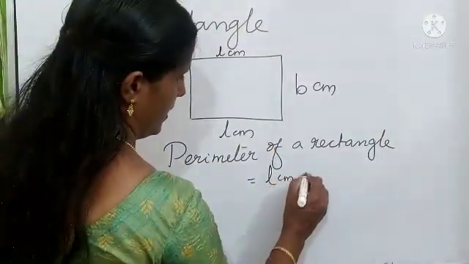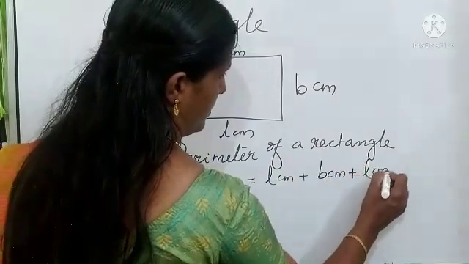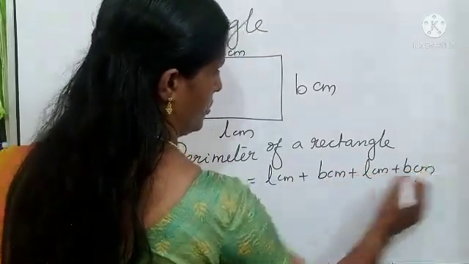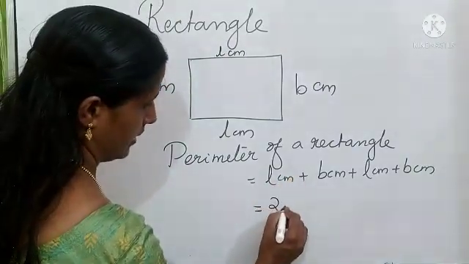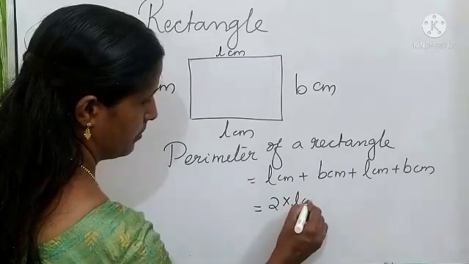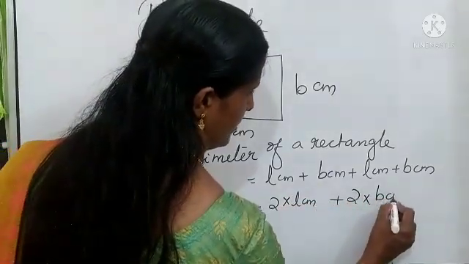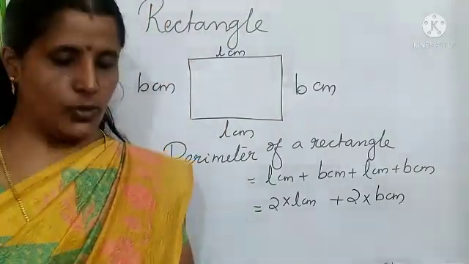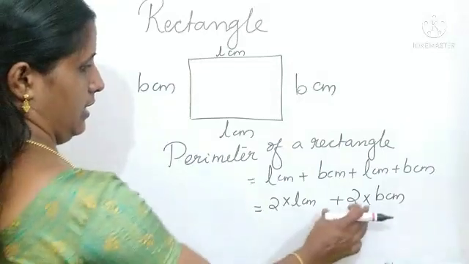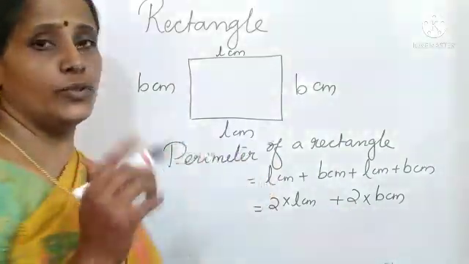L centimeter plus B centimeter plus L centimeter plus B centimeter. So here how many L's are there? 2 L's are there. 2 into L centimeter plus 2 into B centimeter. So both items we have 2 is common.